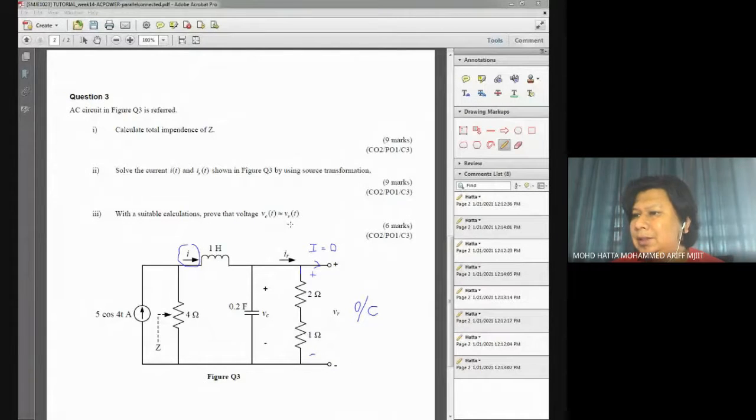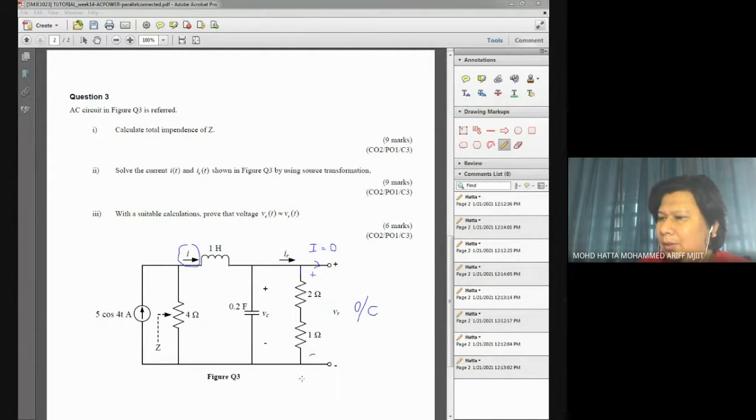What is VC? VC is the voltage across the capacitor, and VR is the voltage across both resistors. If you look at the circuit, we have parallel connected elements: a capacitor, and in the second branch, a resistor.